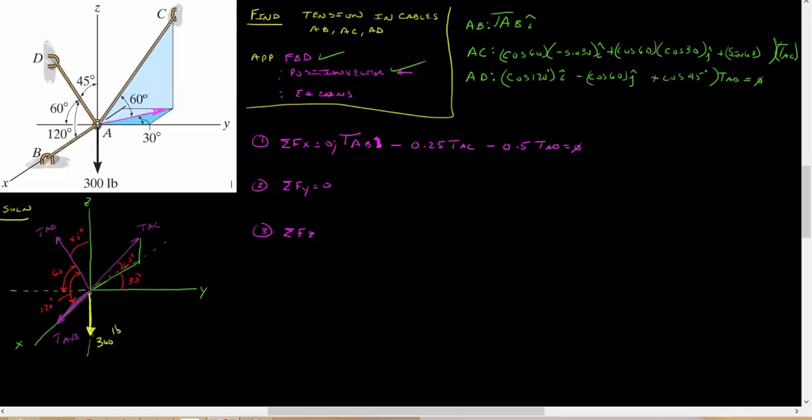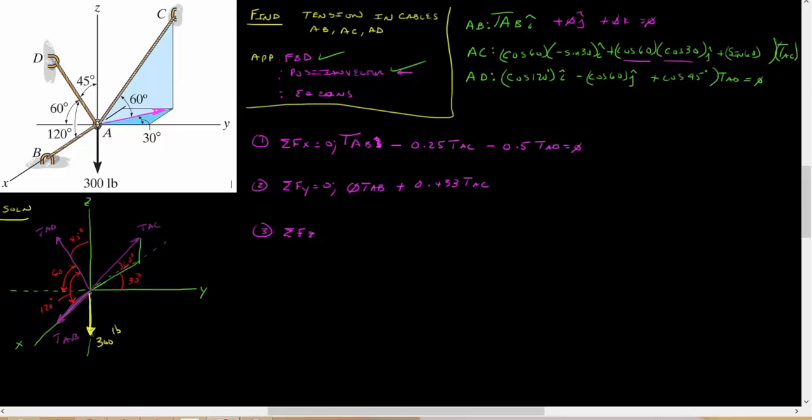Now sum my forces in the y. When I'm looking at AB, there's no j, so this would be 0j, and 0k, is equal to 0. So I'm going to go ahead and put that in there, 0 TAB, plus 0.433 TAC. That one there is going to be cosine 60 times cosine of 30, so that came out positive.